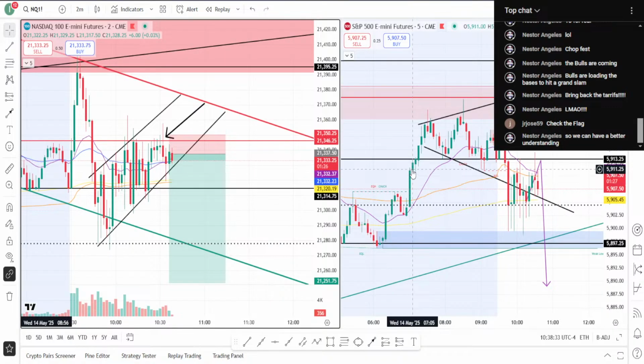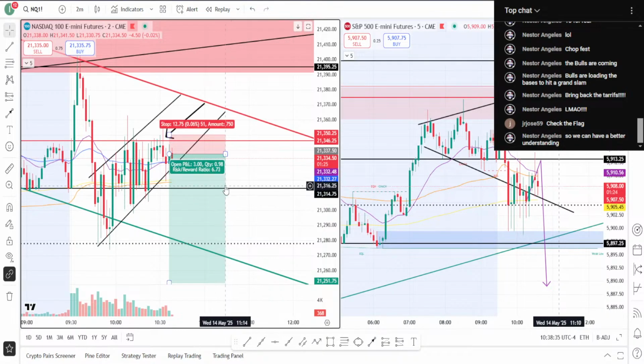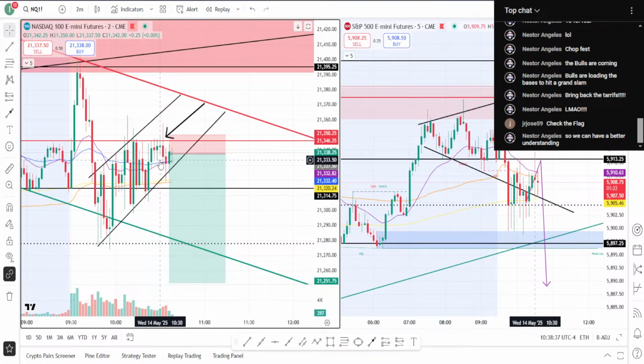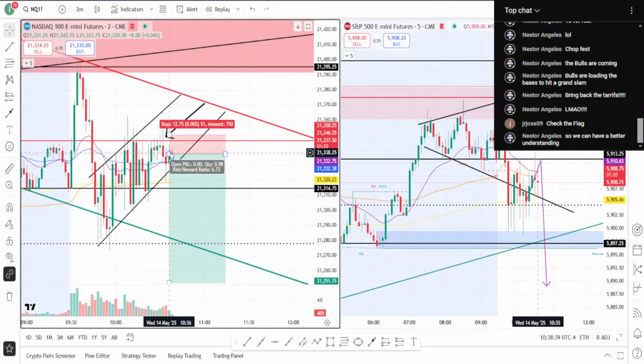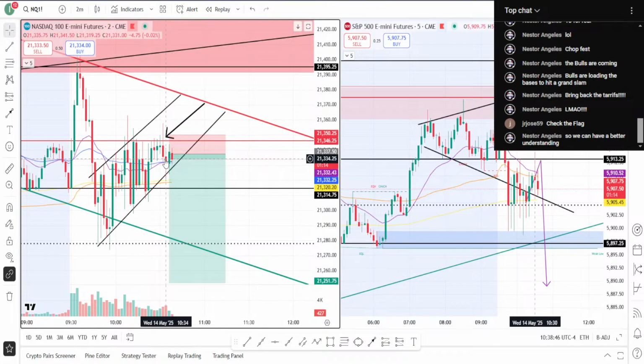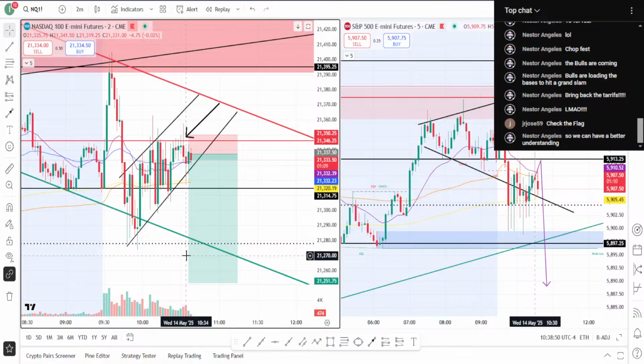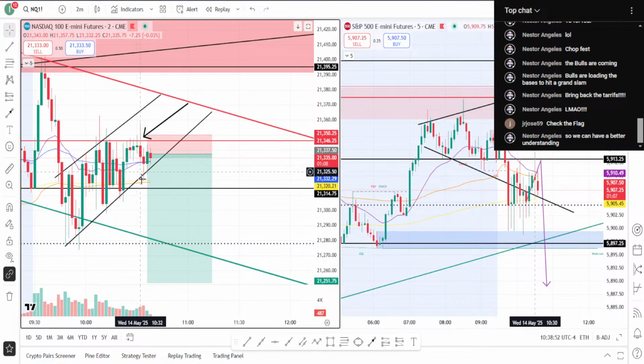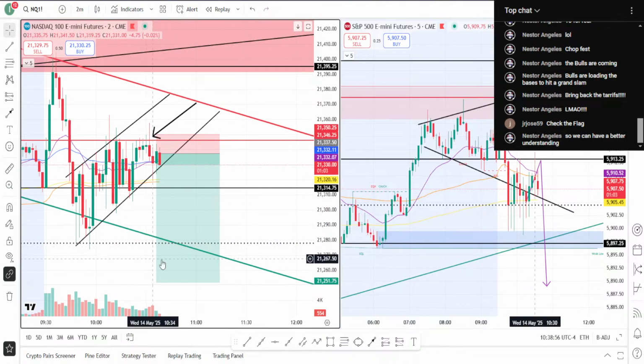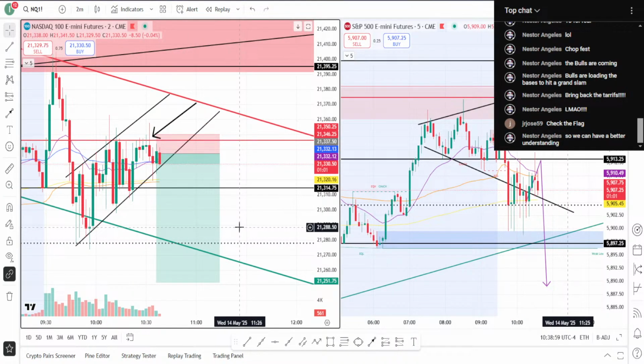Oh snap. That'd be nice if they did right now. Have Trump help us out a little bit here. The flag, yes. Well, that's a huge flag right there, but yeah, it's there.